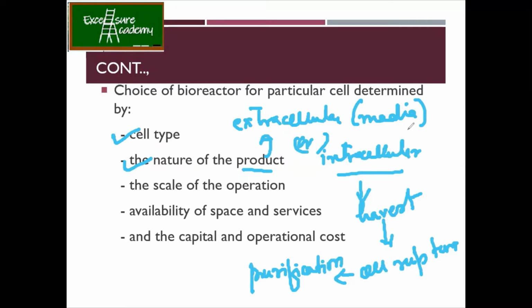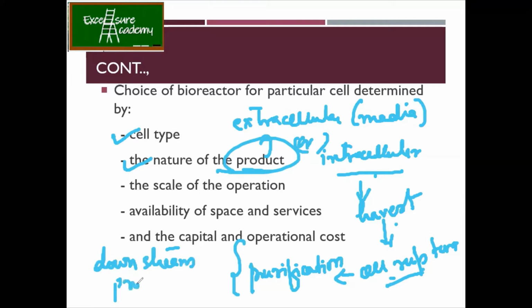If it is extracellular, it will be present in the media, so along with the media components, you will have your product also. If it is intracellular, then you need to harvest the animal cells and rupture them. We have already studied cell lysis, then purification. This purification here is called downstream processing. I guess I have mentioned this also, downstream processing. Okay.